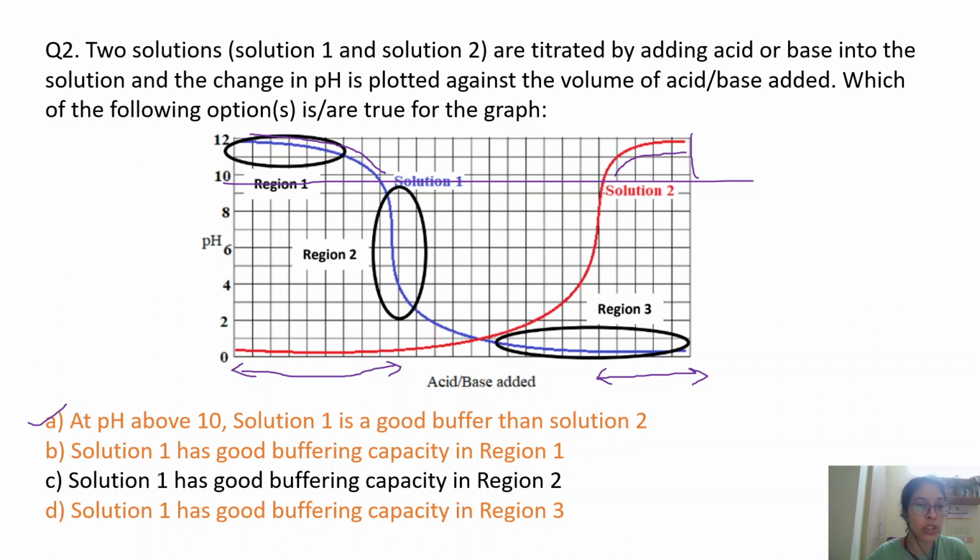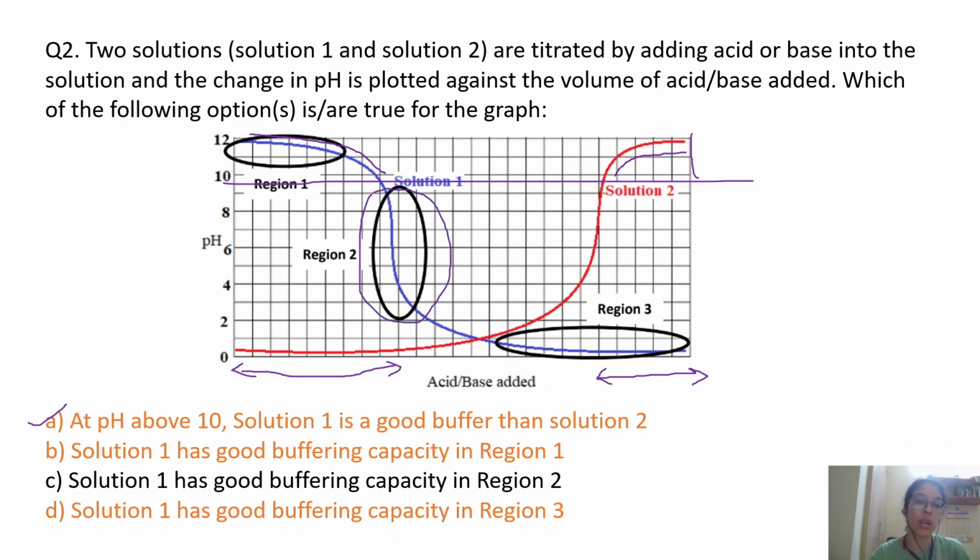Option B is solution 1 has good buffering capacity in region 1. Solution 1 is divided into 3 pH ranges: region 1, region 2 and region 3. As we can see, solution 1 has good buffering capacity in region 1 because the slope is less. That's what I have told you. Now talking about region 2, here you can see the change is very sharp.